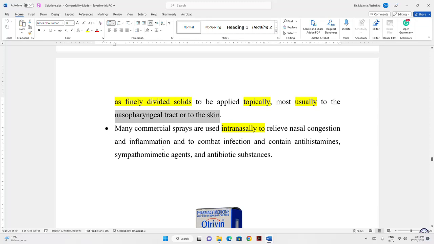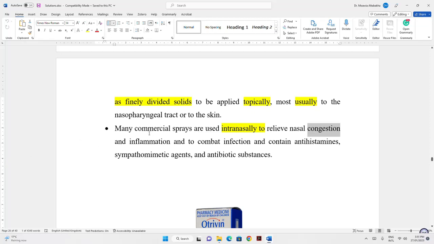طبعا most commercial sprays are used intranasally, that is to relieve congestion. Okay, when you have congestion, you're having difficulty breathing in your nose, or your nose is blocked, then you might need a decongestant, intranasal decongestant.